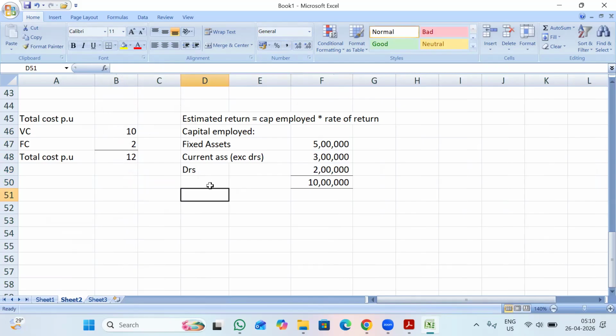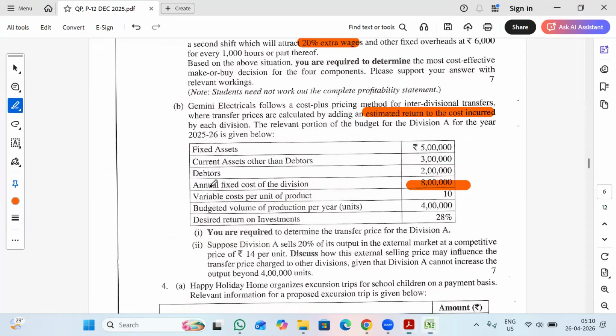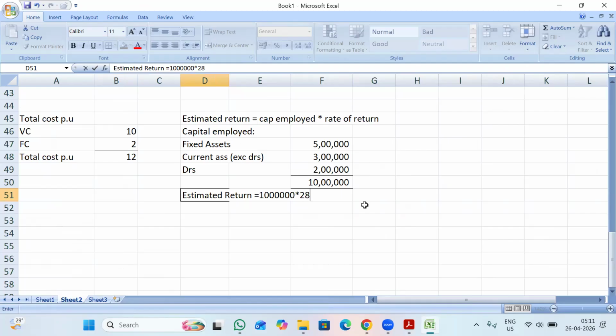So my estimated return is equal to capital employed, that is 10 lakhs, into how many percentage? 28 percentage. Desired return is 28 percentage. So into 28 percentage, that means 2,80,000 I required.